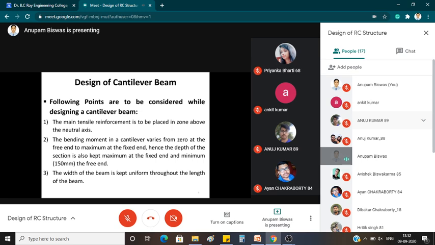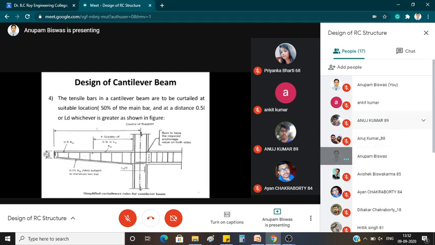But the minimum depth of the beam at the free end should be 150 mm. It should not be less than that.